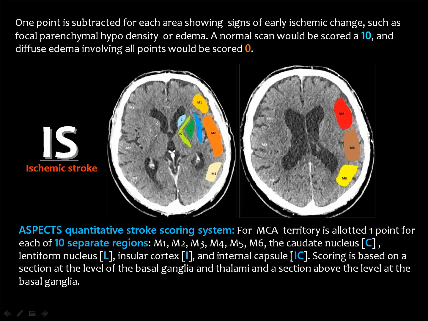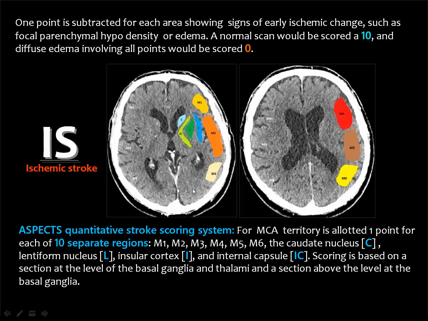Above this level, you have another 3 zones. For each zone of these, you give number 1. Then you have 3 and another 3. Then you give a number for the head of the caudate, another number for the internal capsule, a number for the lentiform nucleus, and another number for the insula.